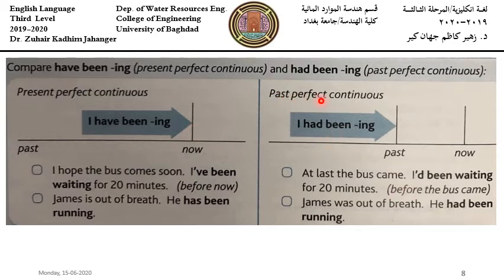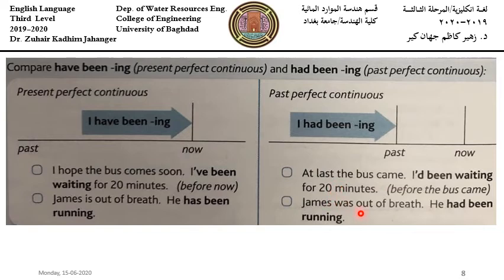And for the past perfect continuous, the time period is in the past and ends in the past, before now, the time of talking. So at last the bus came. I'd been waiting for 20 minutes before the bus came. James was out of breath.